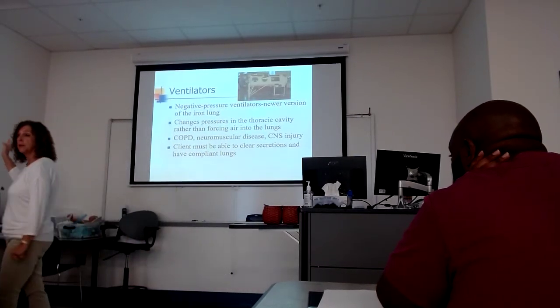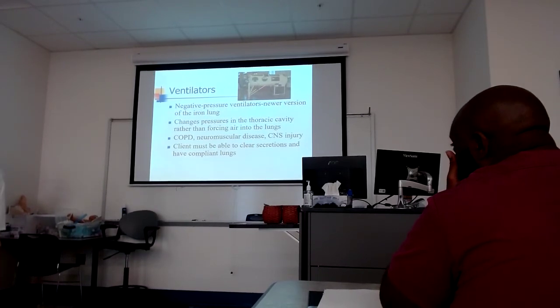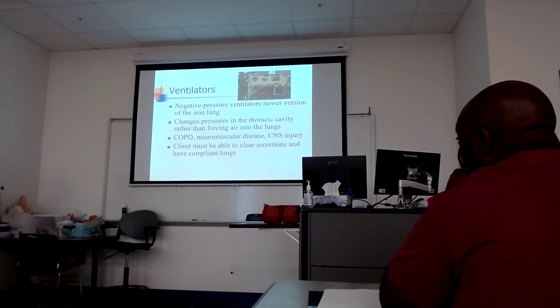The first ventilators in this country were negative pressure devices, and we still have a few left in the United States, last time I did my research. Negative pressure ventilators were used for people, for instance, who had muscular dystrophy.